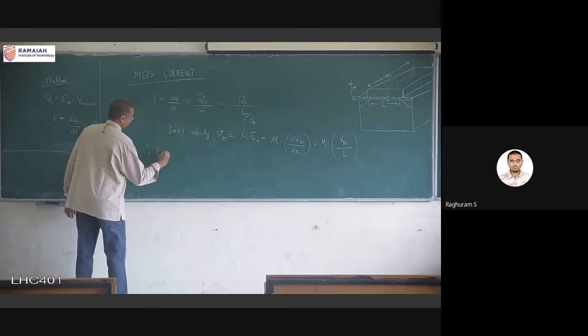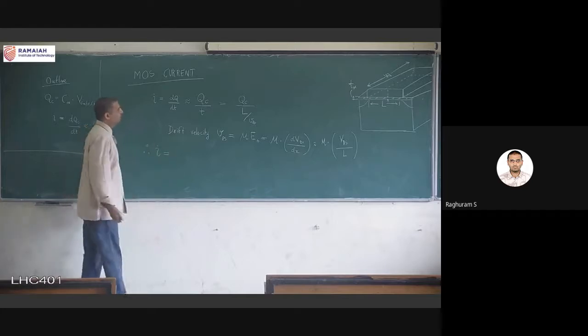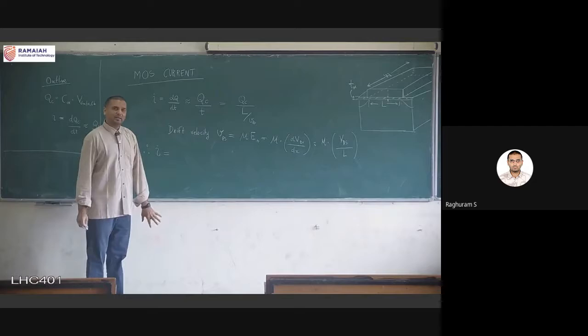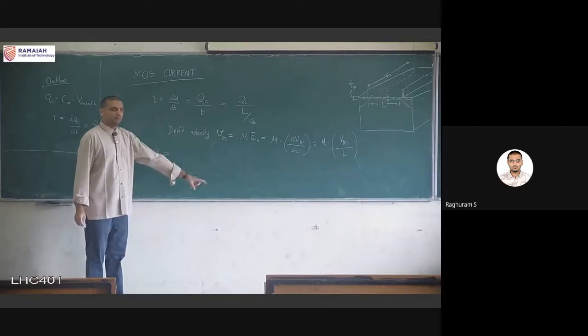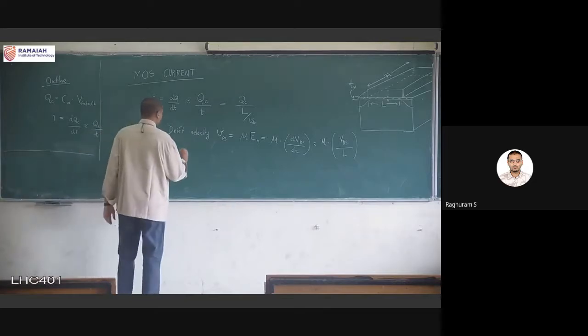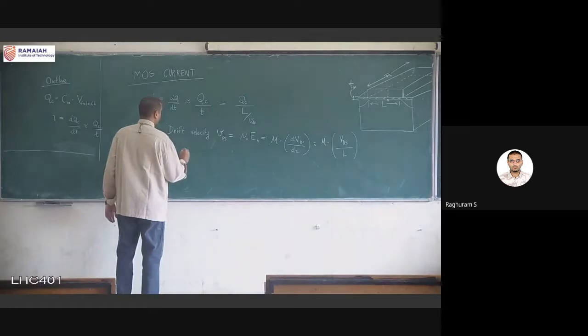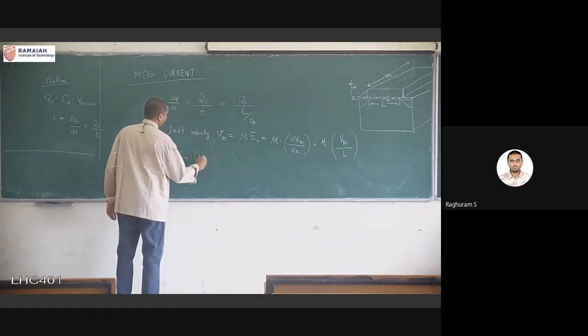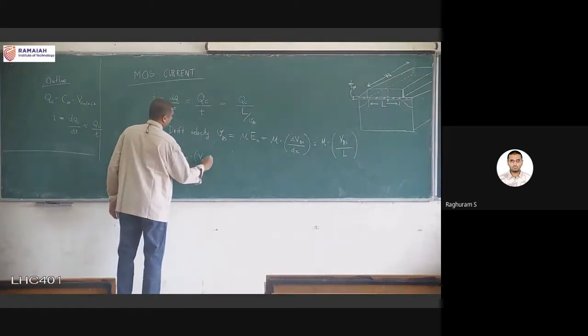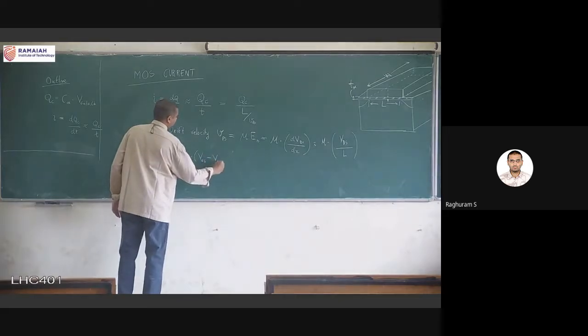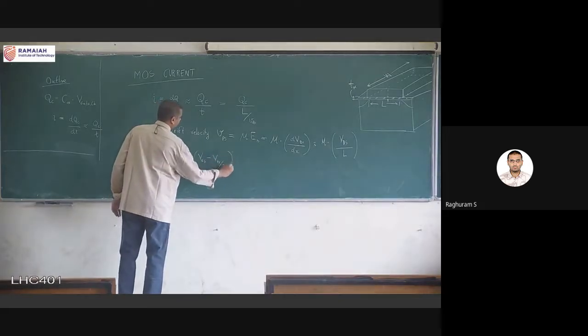I equal to, okay, so Qc also we will replace. We had the expression for Qc. It was something like C oxide into (VGS minus VDS by 2).